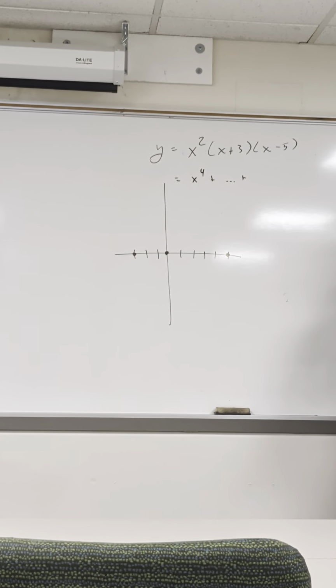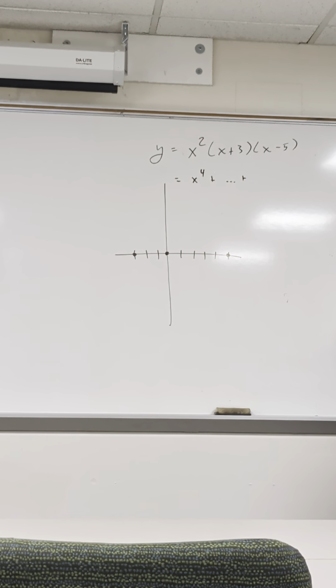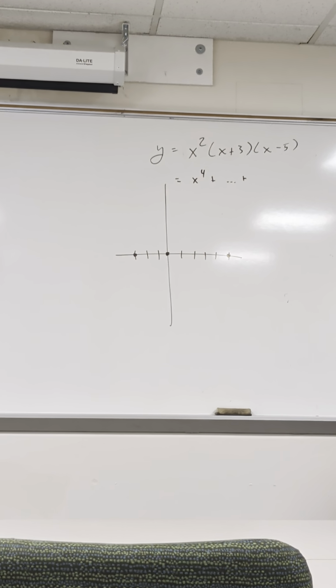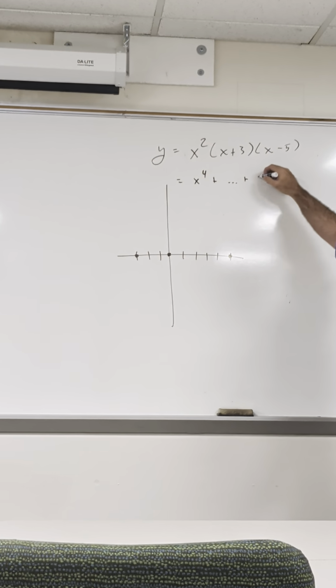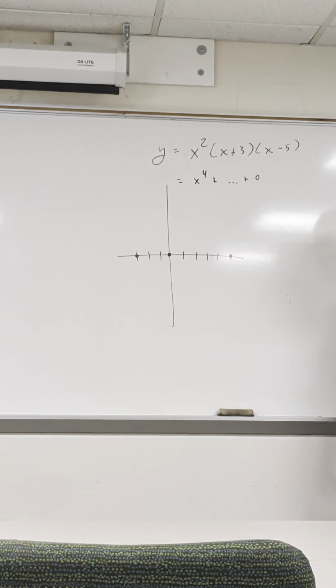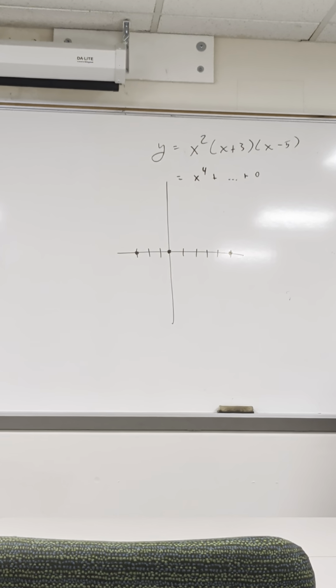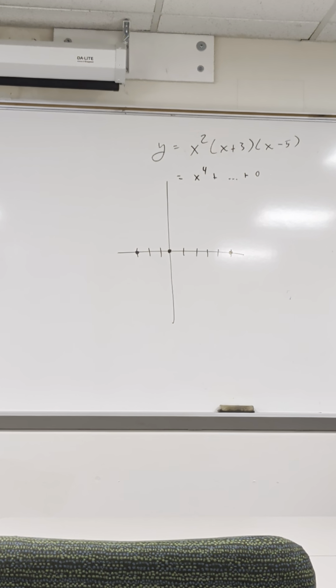If I multiply stuff out, what is my constant term going to be? I think I heard it. 0. I don't have a constant.